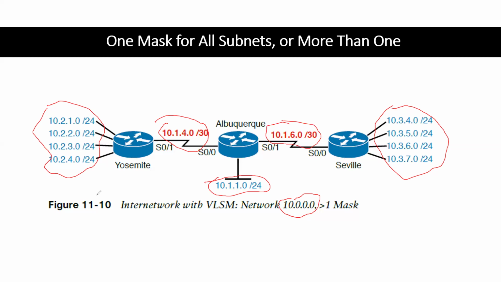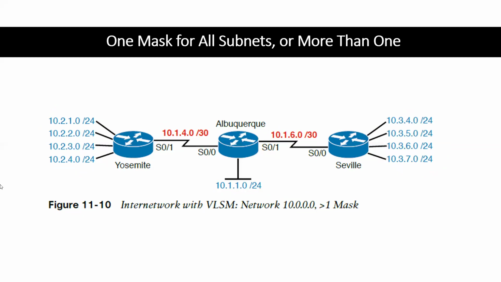Now tomorrow we're going to go ahead and do a lab. I want to do some more math practice. We went over the host formula. We now need to take some time to do the subnet formula.